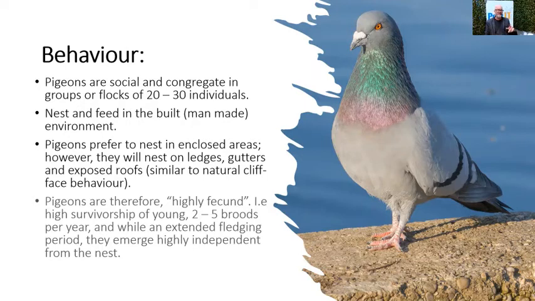Okay, so as I mentioned the term before, they are a highly fecund species, which basically means they have a very high survivorship of young and a high number of broods per year, and an extended fledging period. But the idea is that when these birds fledge, they're independent of their parents.